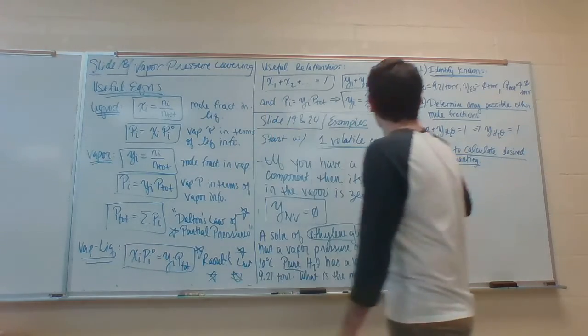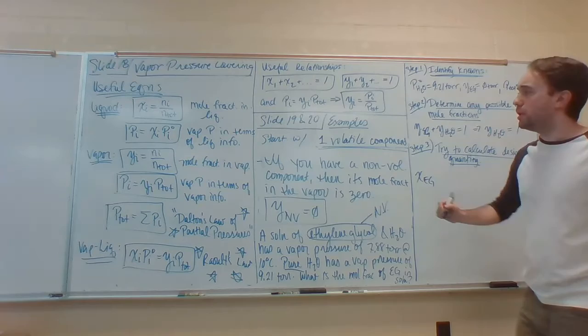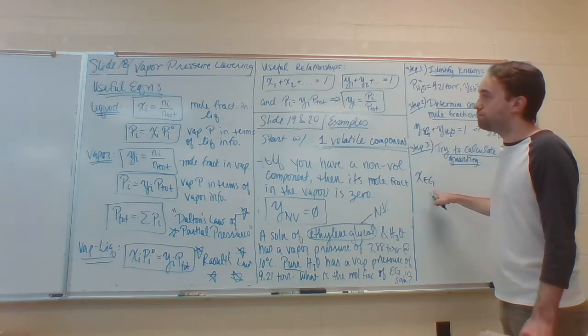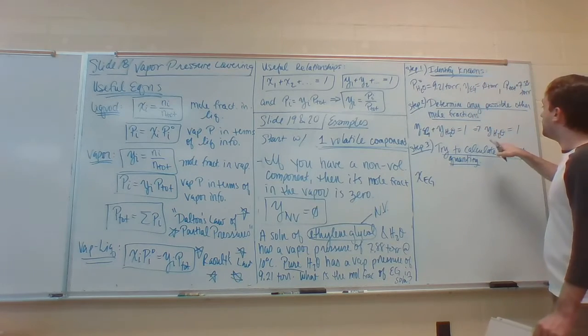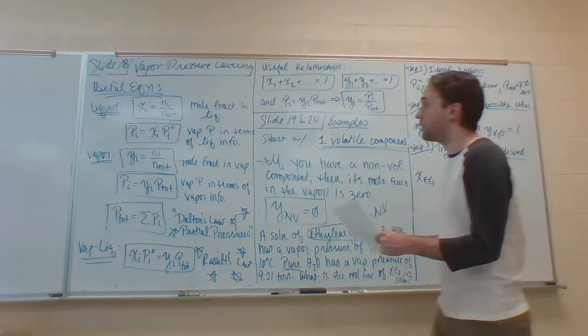How are we going to do that? Well, we know our partial pressure of water, we know our total pressure, and we know our mole fraction in the vapor. Looking at our equations over here, we want information about the liquid, and we have information about our pure component vapor pressures for the water.